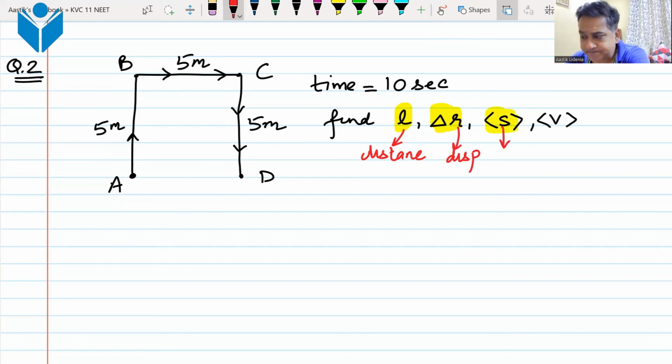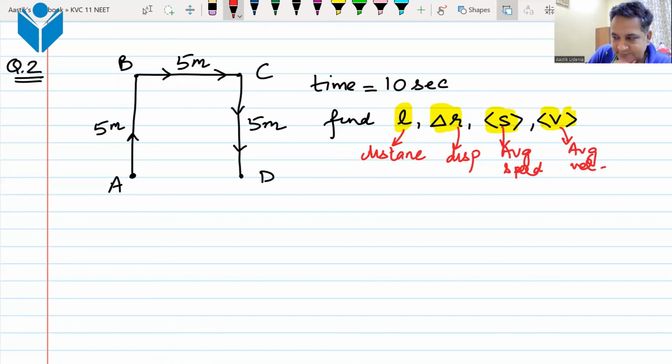What is this? Speeds. Average speed. Okay. What is this? Average velocity. Okay. So I hope you understand the question. You have to find out the distance, displacement, average speed, and average velocity.